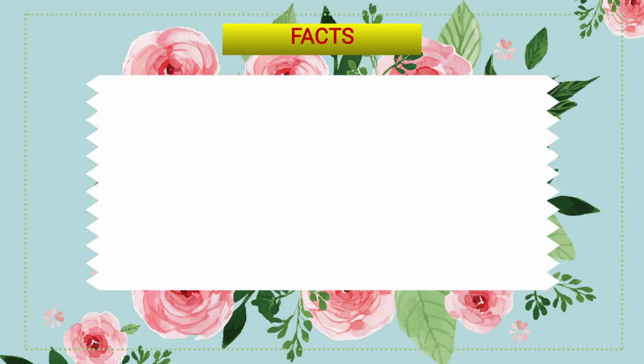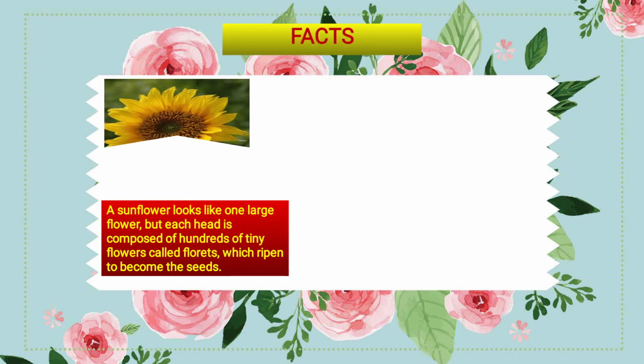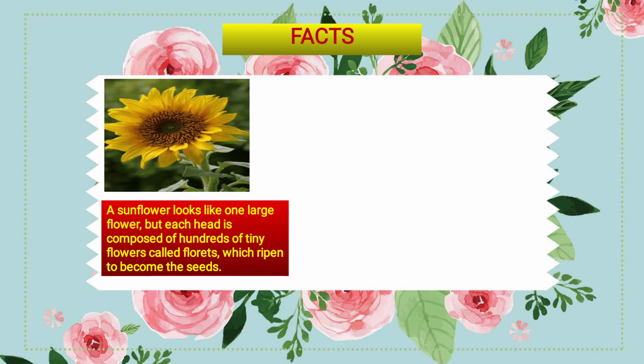Here some facts are there. Sunflower looks like one large flower. Now we have studied about sunflower, okay, neuter. The florets are neuter. Now sunflower contains two parts, disc floret and ray floret, okay. So sunflower looks like one large flower. Actually one sunflower is not one complete flower, but each head is composed of hundreds of tiny flowers called florets, okay.